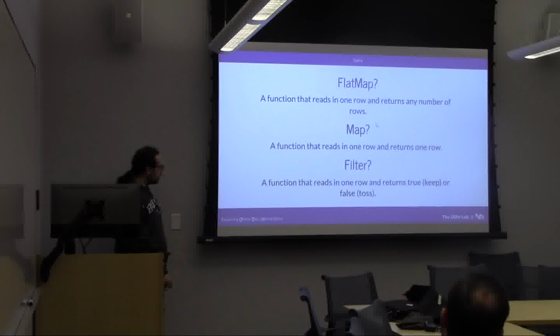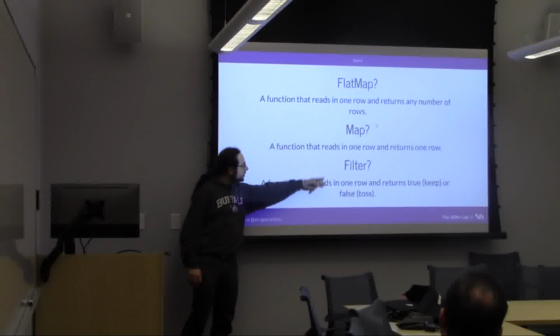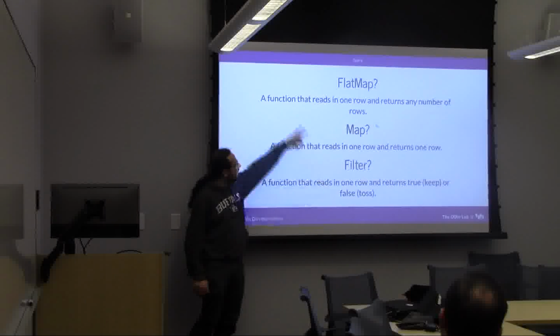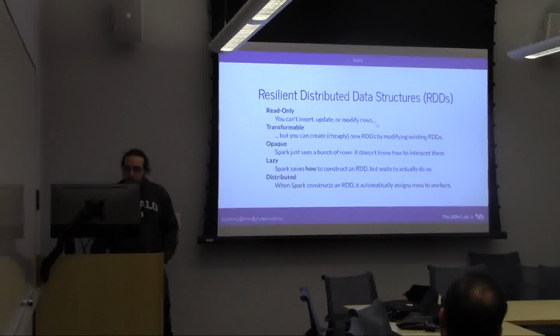If you're familiar with functional languages, RDDs basically give you flatMap, map, and filter. Don't worry about that for now. Basically, the analog is the select clause, the where clause, and then something that lets you implement both.